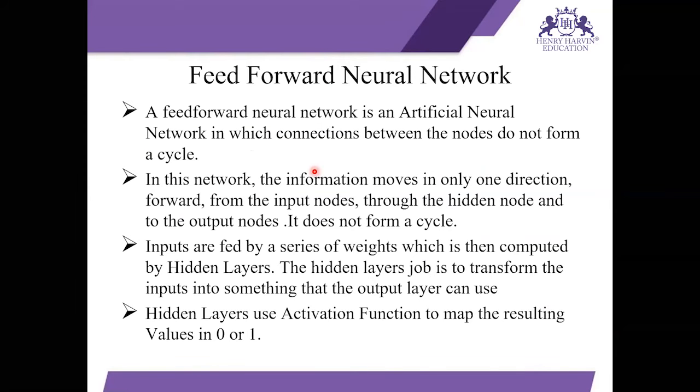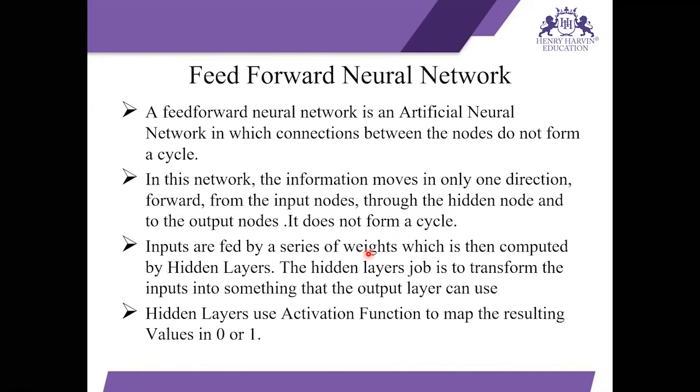So what is a feed-forward neural network? It is an artificial neural network in which connections between the nodes do not form a cycle. In this network, the information moves in only one direction, from the input nodes through the hidden nodes to the output nodes. So here it moves forward and it does not form a cycle.